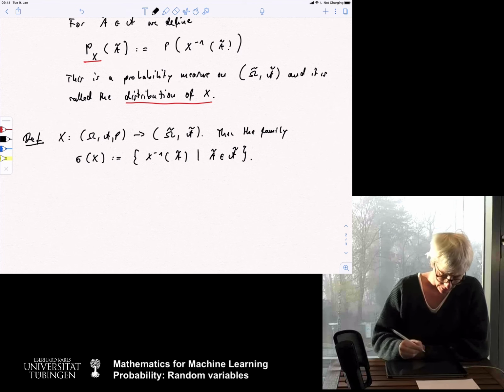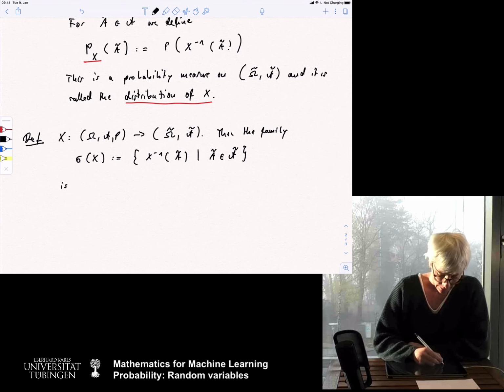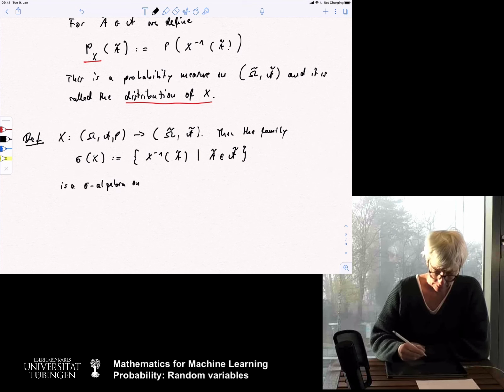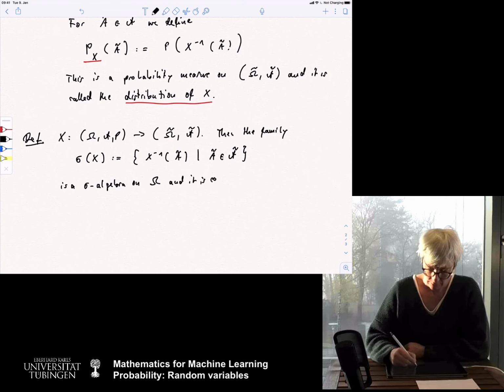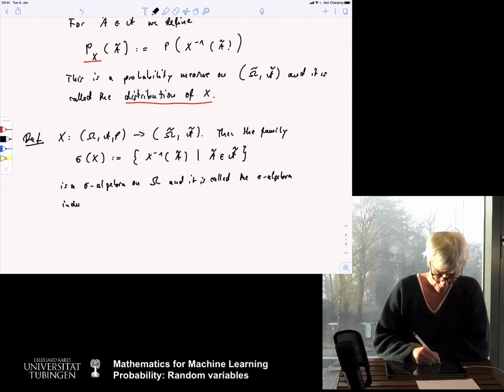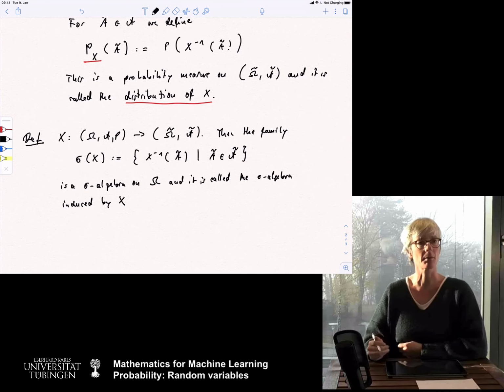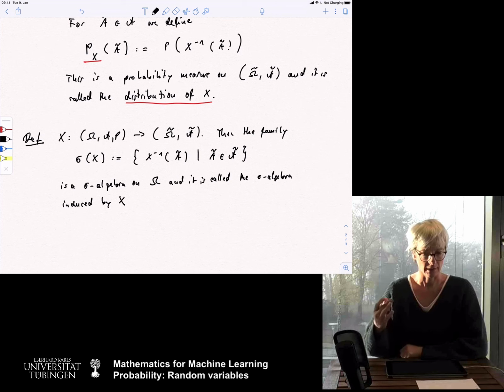Then this family is a sigma algebra on the original space, and it is called the sigma algebra induced by X. And if you want, you can also characterize it as the smallest sigma algebra that you can have such that X is really a random variable, such that X is measurable.